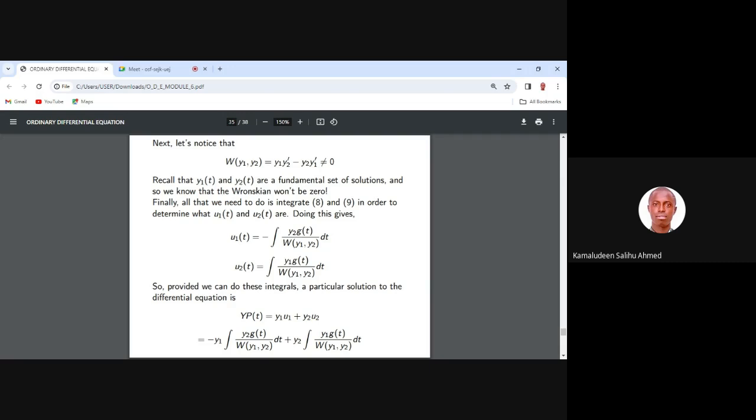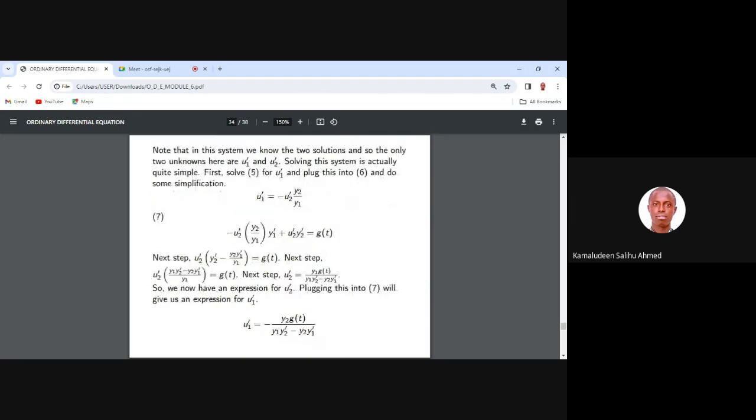Recall that y1 of t and y2 of t are a fundamental set of solutions. So we know that the Wronskian won't be zero, because it is proving that they are linearly independent. Finally, all that we need to do is integrate equations 8 and 9, which give u1 prime and u2 prime.